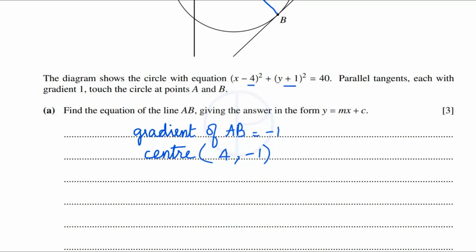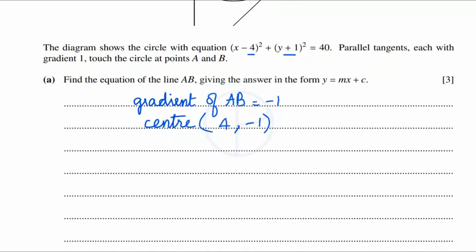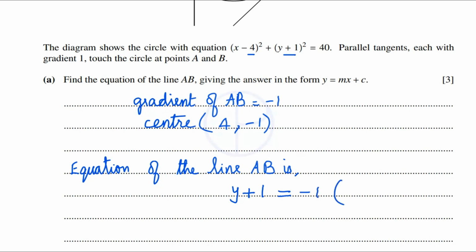Now we know the gradient and we know a point which lies on the line, so we can write the equation of the line AB. What's the formula? y minus y1 equal to m into x minus x1. So y minus of minus 1 will give plus 1, and the gradient is negative 1, and x minus 4.